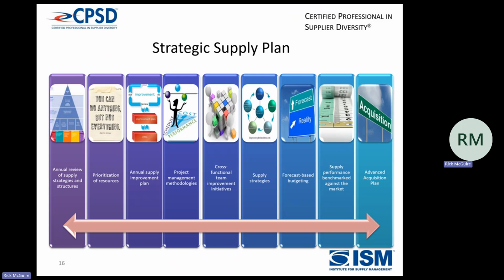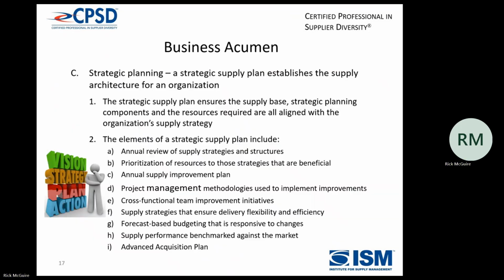Then we've got the strategic supply plan. These are the sections of a strategic supply plan. As part of strategic planning, it establishes a supply architecture for an organization. The strategic supply plan ensures that supply-based strategic planning components and resources required are all aligned within the organization's supply strategy. And the plan has to support the corporate plan or the organizational plan.